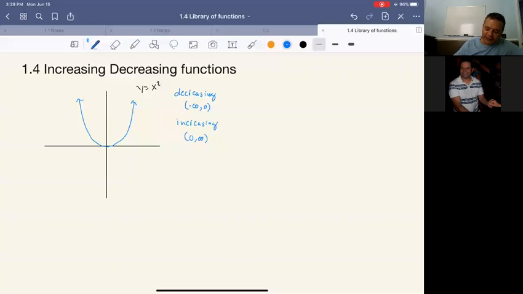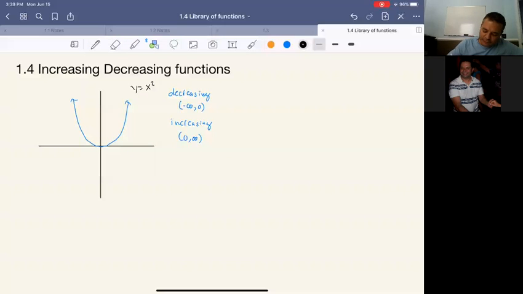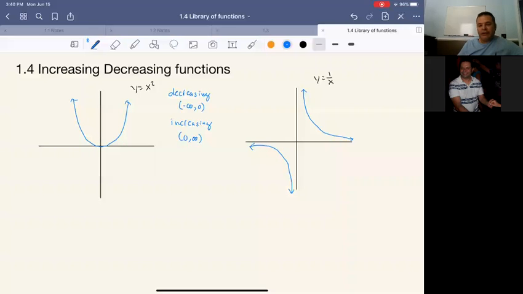Another couple examples that we did. Let's take a look at y equals 1 over x. Okay, so we looked at that the other day actually, and I even mentioned the increase and decrease, but let's mention it again. So here, as you move from left to right on the left-hand side, it's decreasing.